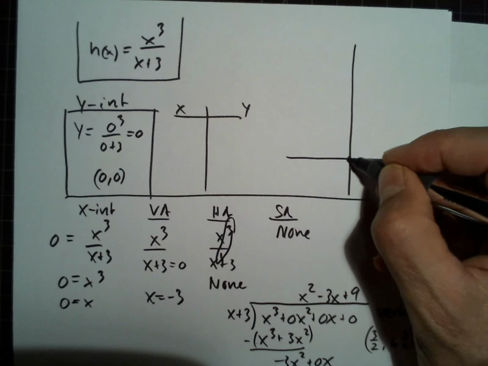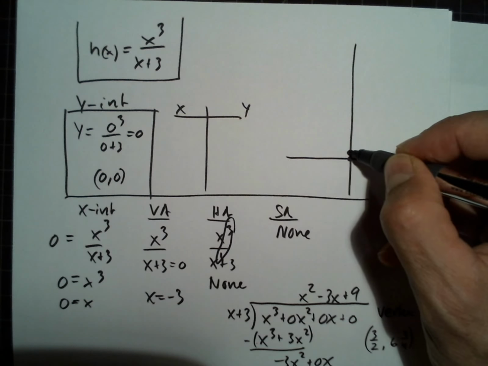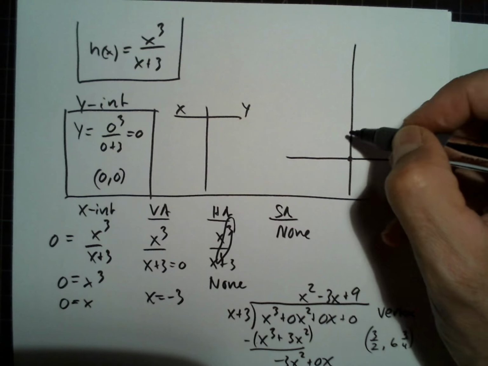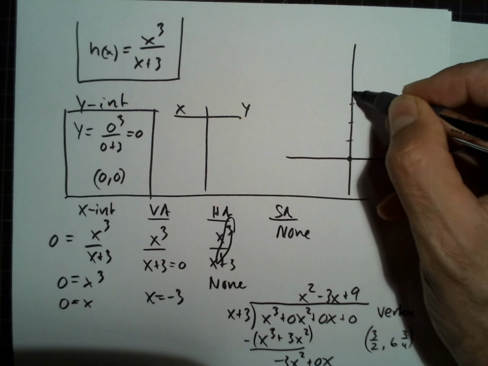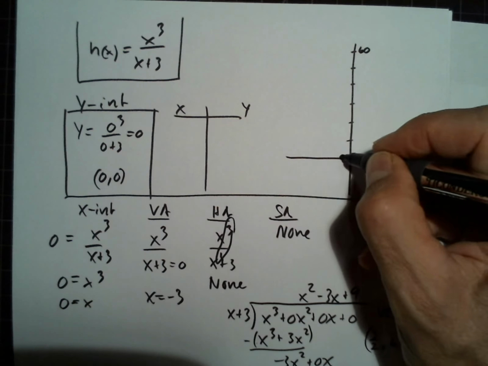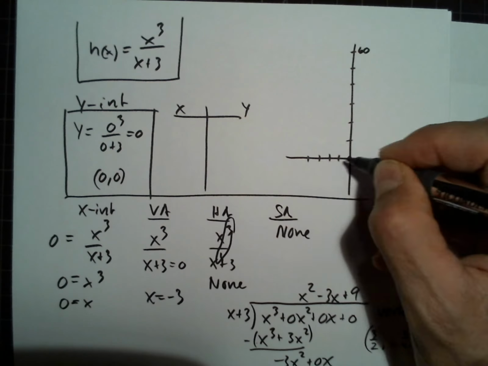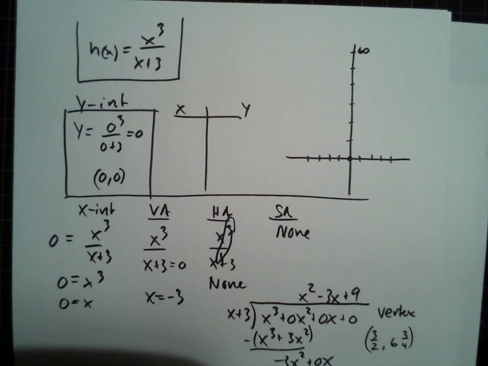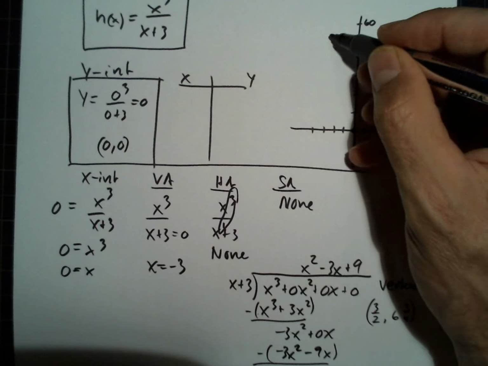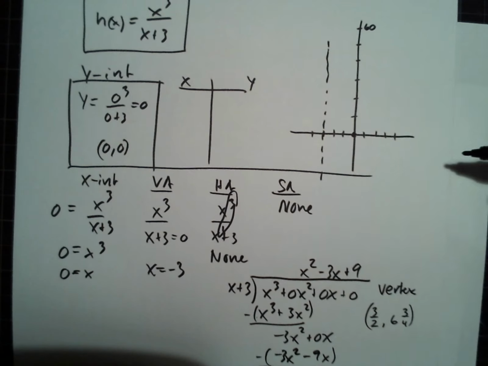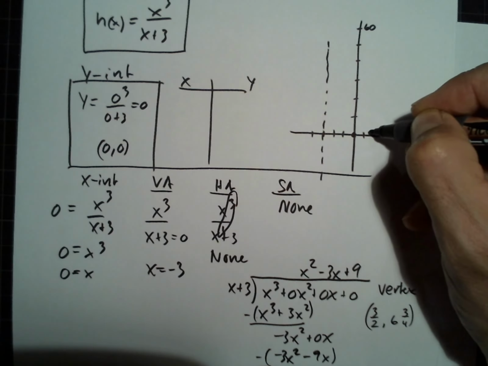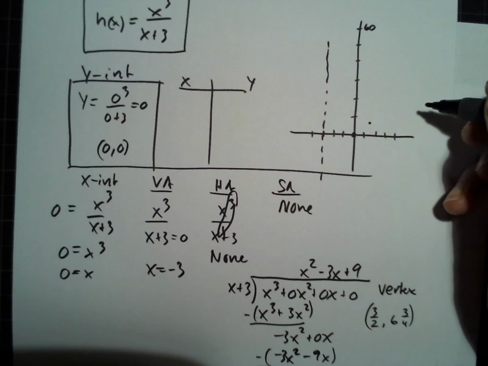So we have this. We count by tens. And we have vertical asymptote at -3. Vertical asymptote, -3. We have at 1.5, 6 3/4, because since I'm counting by tens, it would be right there.